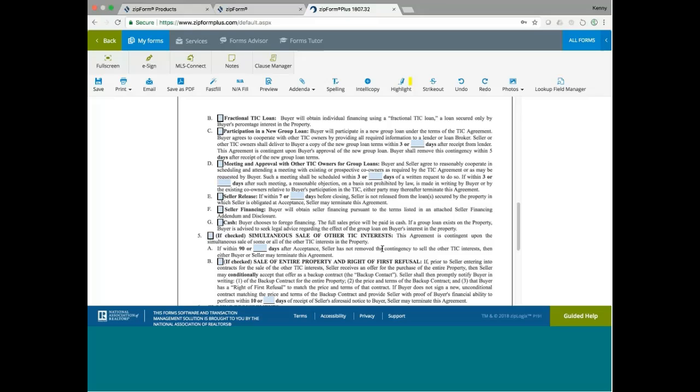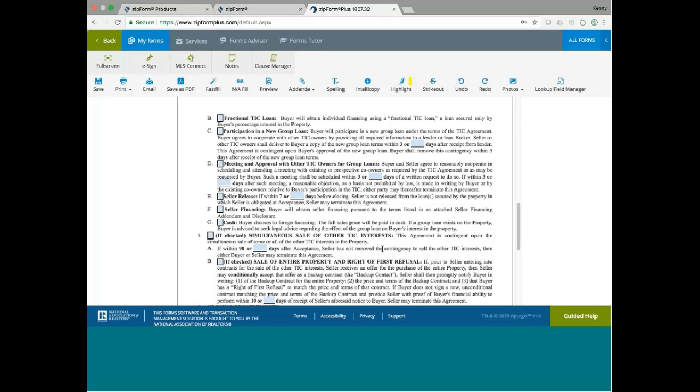What does that mean? Let's say, for example, you have TIC A. He owns a 25% interest in building A. And then TIC A owns a 25% interest in building B. And TIC A, after he sells off his TIC interest, is going to buy either real estate or another TIC interest somewhere else.